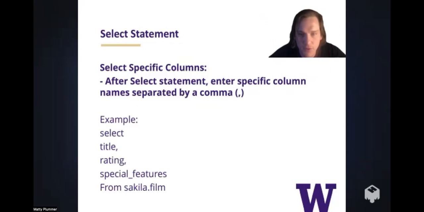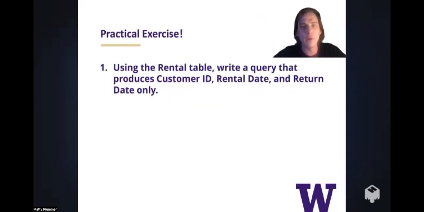You were at the film table. Now we're going to go to the rental table as outlined in the practical exercise. So take a minute, orient yourself to the rental table, select star from the rental table, and then adjust your query to include these columns only.